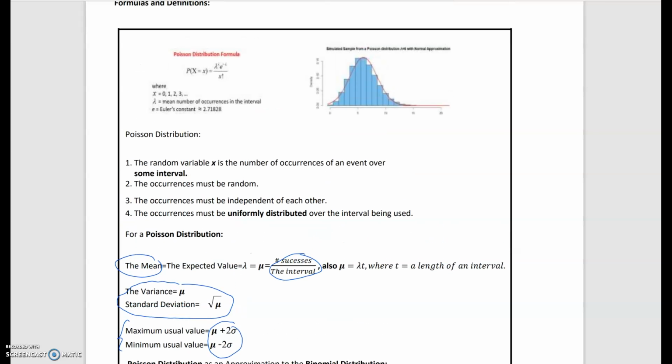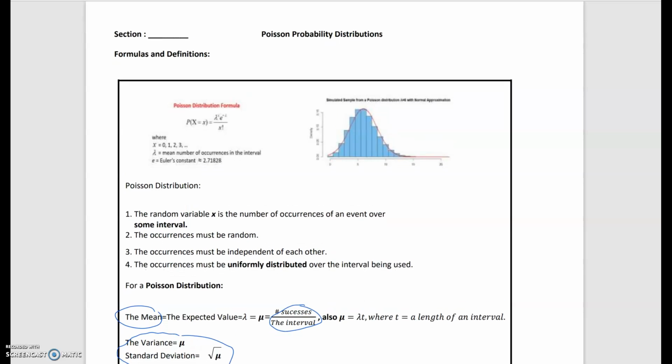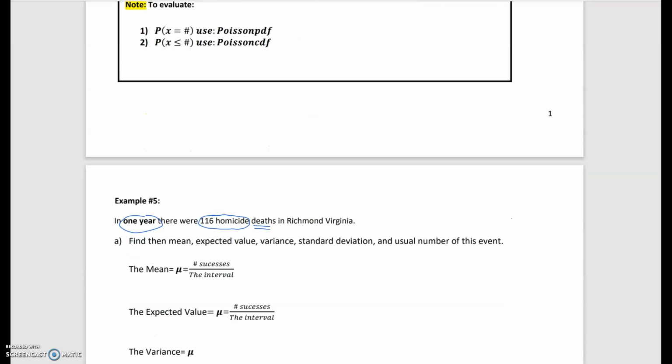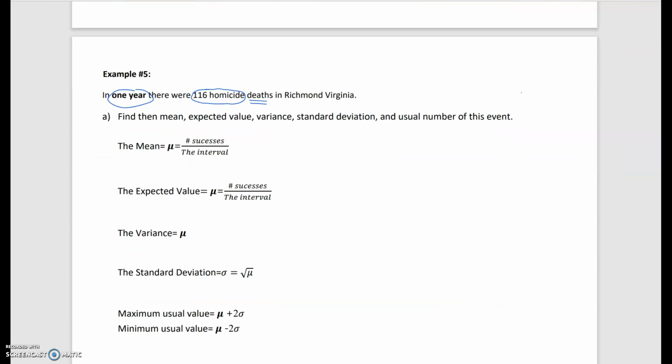That's because some Poisson problems for large values are going to be bell-shaped, or they're going to have portions where it kind of looks like a bell-shaped distribution. Okay, so let's take a look at some of these values. In this case, the value of the mean, we're going to use it as 116 divided by 365.